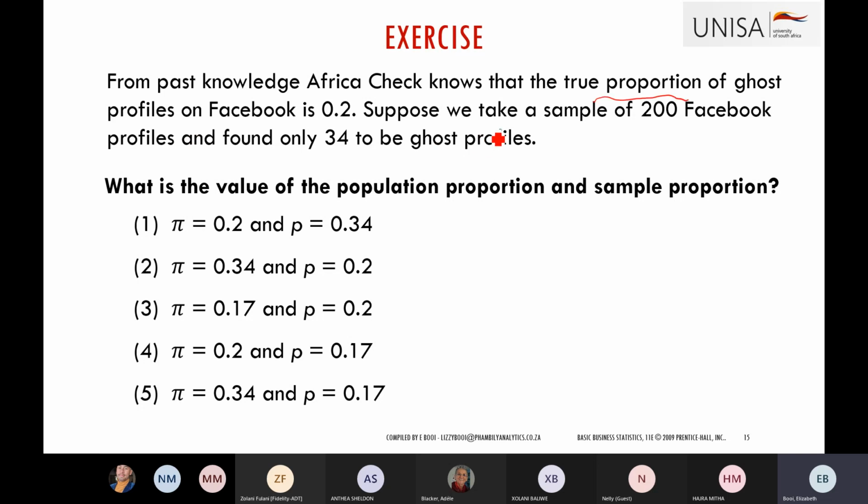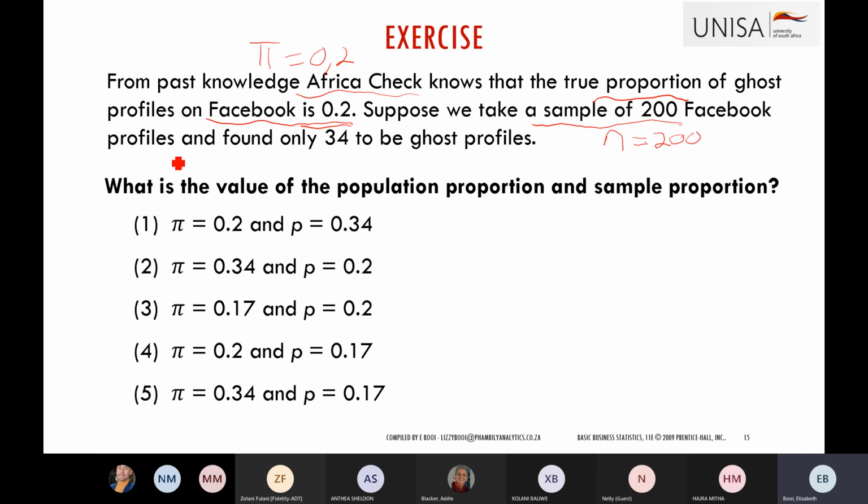What are the facts that are linked to this? They told me that the proportion is 0.2, but this comes from Africa Check and they say the proportion of the ghost profiles on Facebook. So here they're giving me the population proportion, because this is the population that comes from Africa Check. So that is my population proportion of 0.2. They also tell me that they took a sample of 200, so my n is 200.